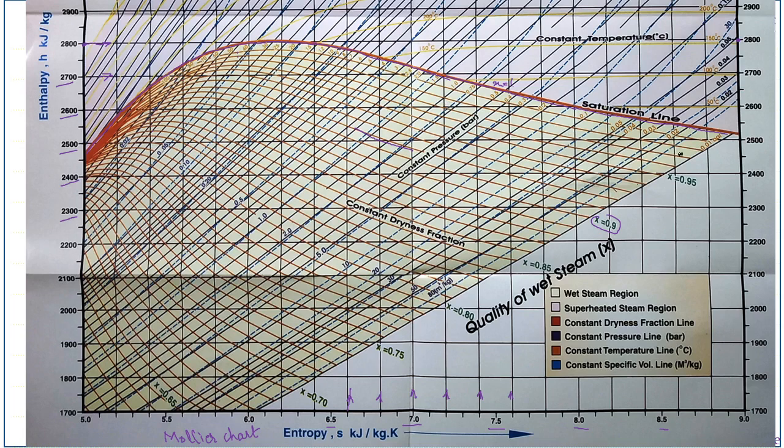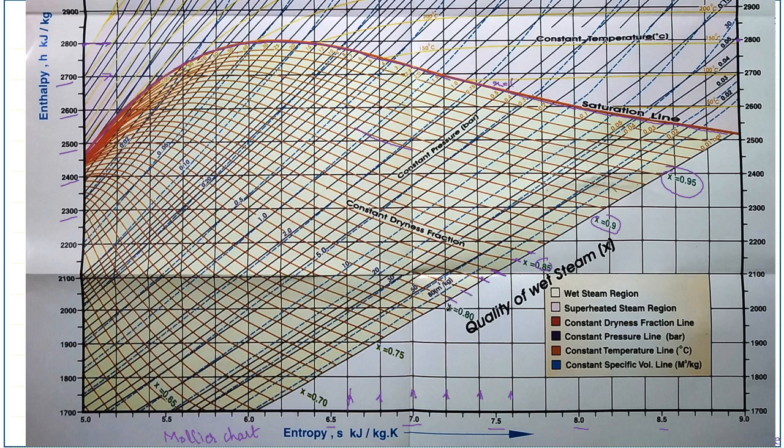Saturation curve means this is nothing but a dry saturated line. So as we move away from this saturation curve, the dryness fraction starts to decrease. X is equal to 0.95, 0.9, 0.85. All these curves are representing constant dryness fraction curves.